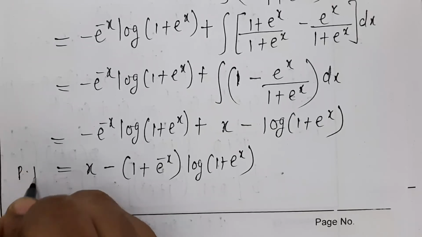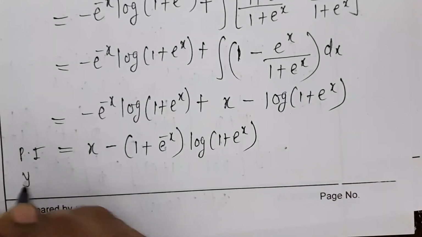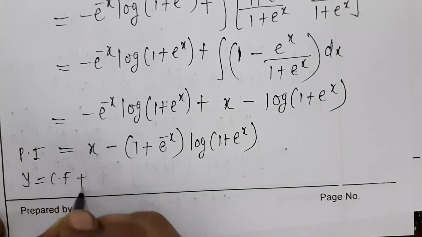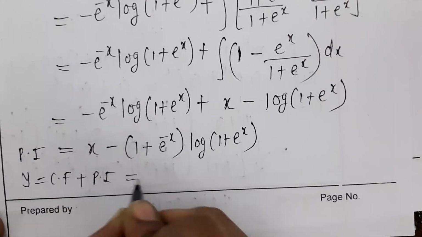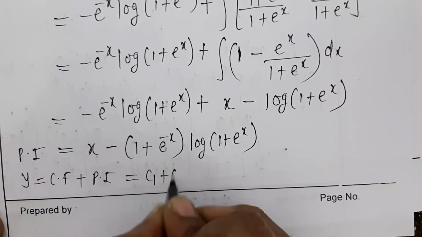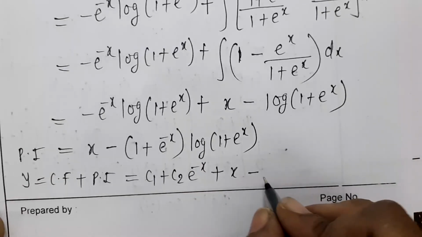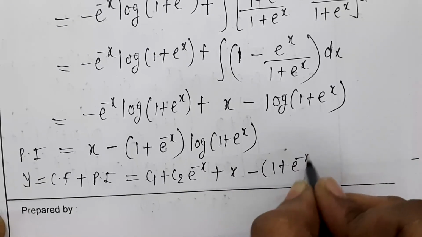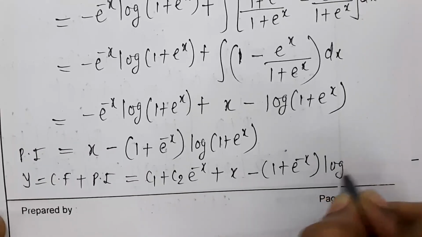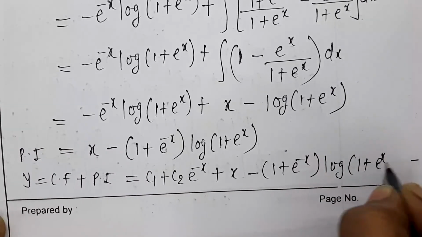So this is the particular integral. Then y is equal to CF plus PI, which is equal to c1 plus c2 e to the power minus x, minus 1 plus e to the power minus x into log of 1 plus e to the power x.